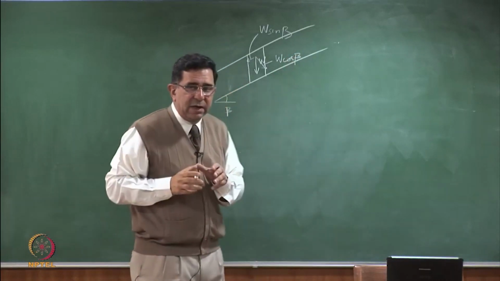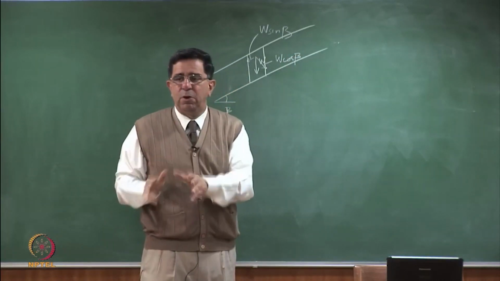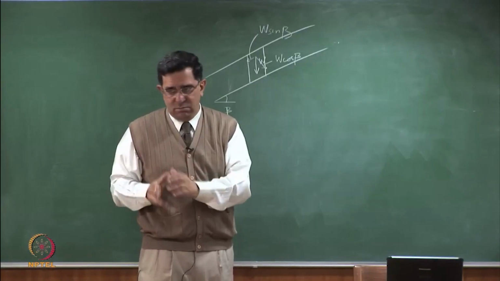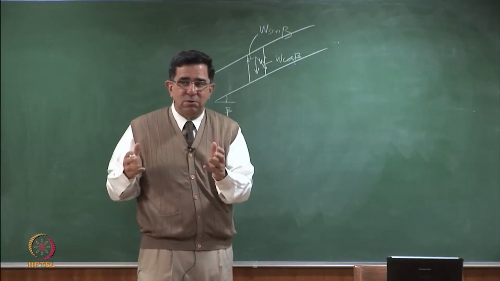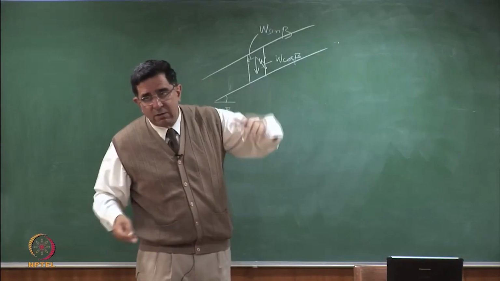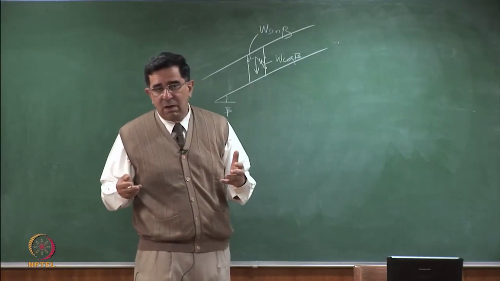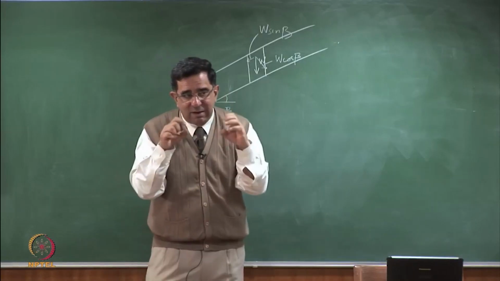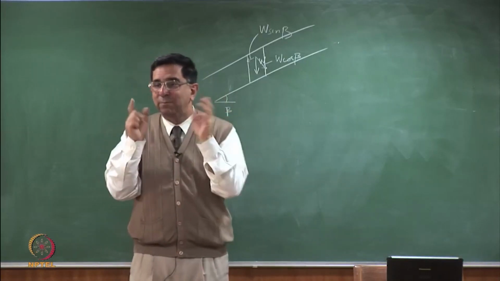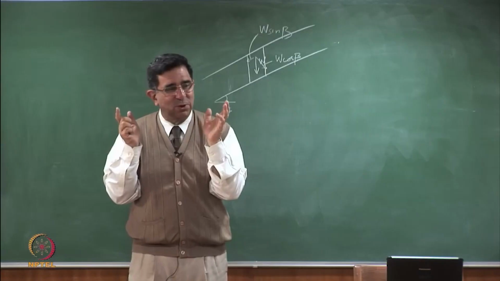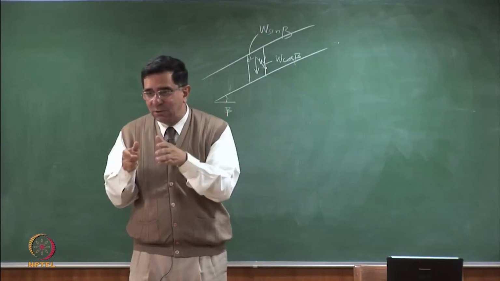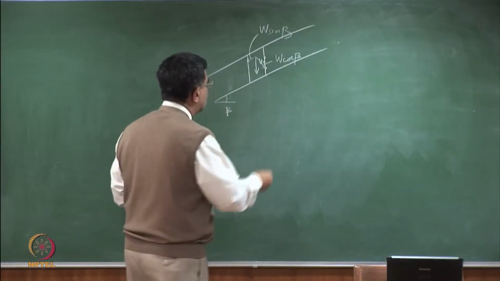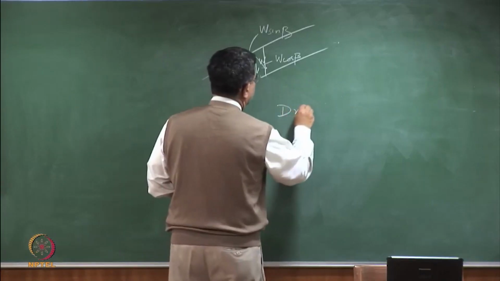So the instability is coming from the W and the beta. The more the inclination, the more is W sine beta. The thicker the soil at the top, the more is the W sine beta. So more the weight, that's why people try to make the layers thinner. Let's reduce W, my driving force will go down. Let's reduce inclination, my driving force will go down.